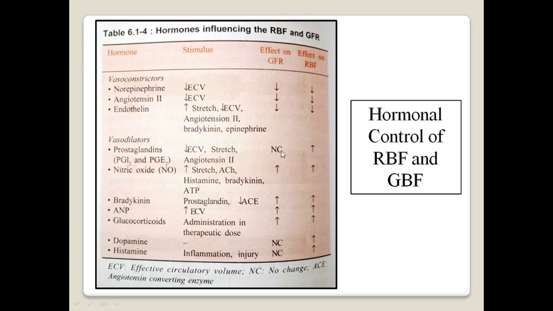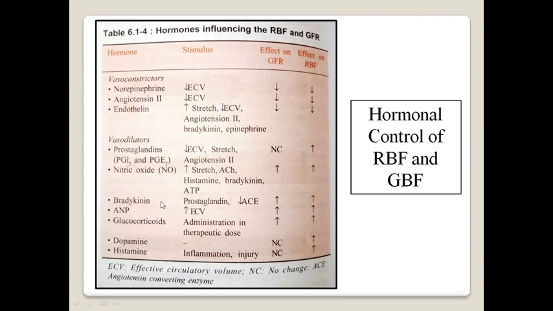See here, the prostaglandin is not changing the GFR, because the mechanism of prostaglandin is different from other vasodilators. Prostaglandin is actually secreted in hemorrhagic conditions, and it dampens down the vasoconstrictor effect of the sympathetic nerve and angiotensin II. You can go for detail about the action of prostaglandin, how it controls the RBF and GFR.